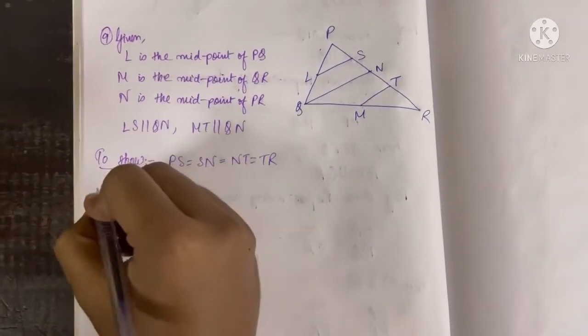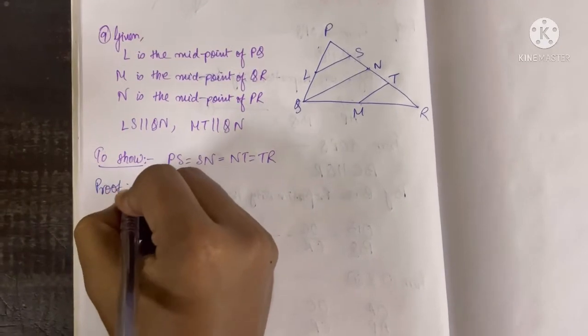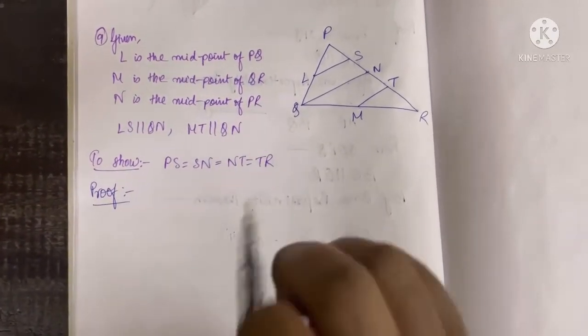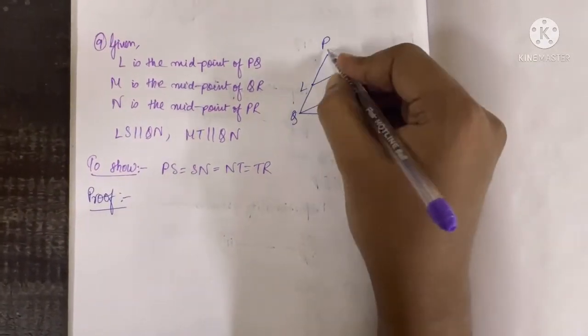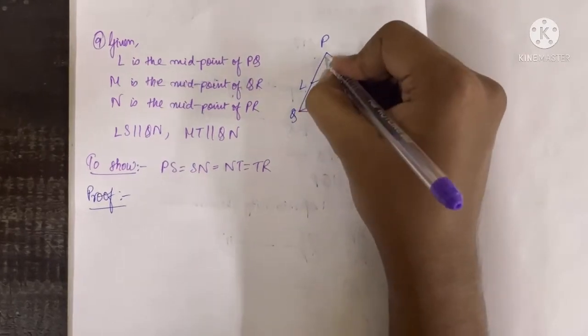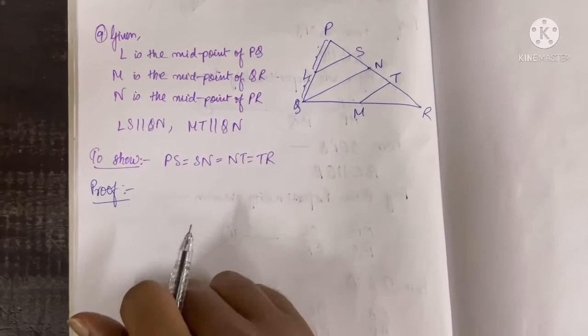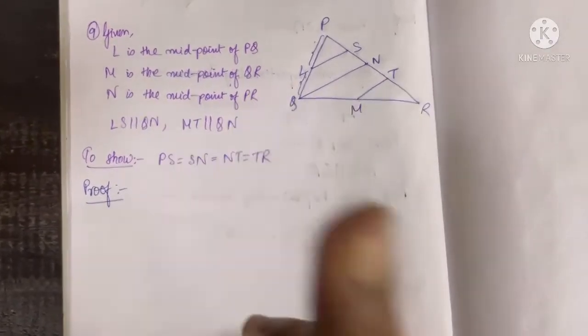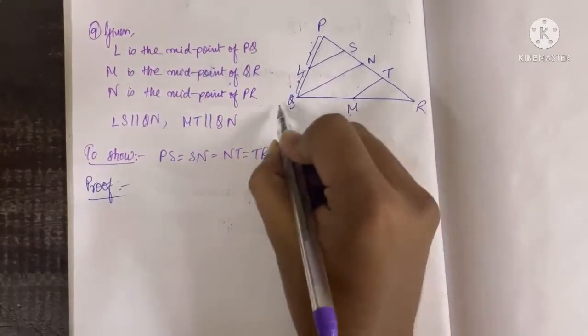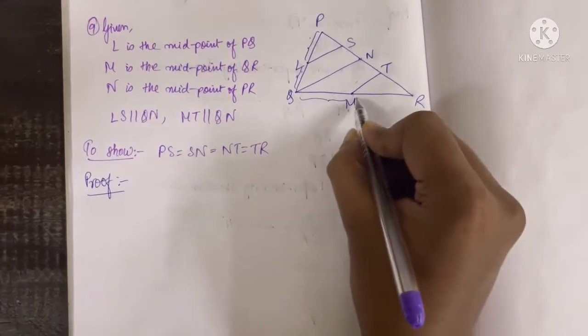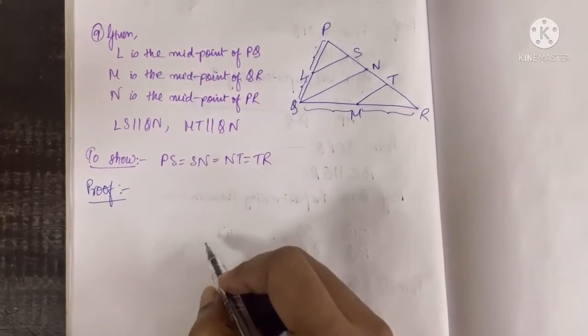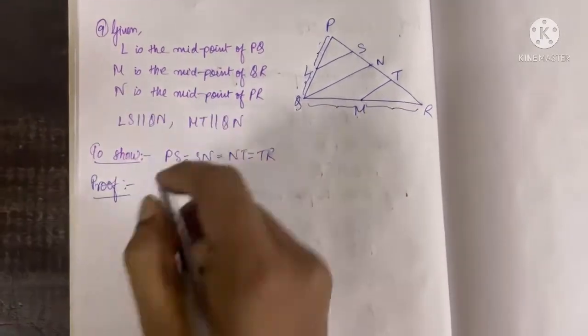So how do we do this? Another simple sum. So let's see what to do. Look, first of all, since L is the midpoint of PQ, that means this part PL and LQ must be equal. In the same way, since M is the midpoint of QR, so QM and MR should also be equal, right? Let us write this down.